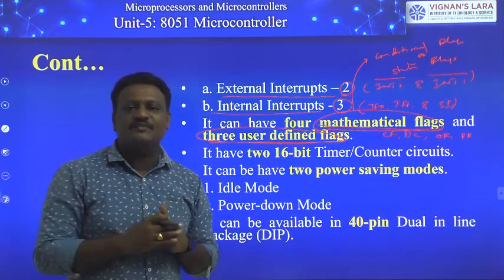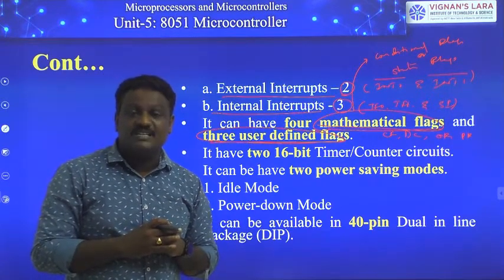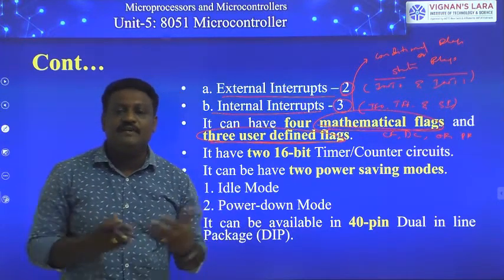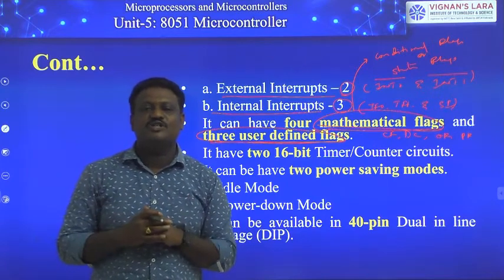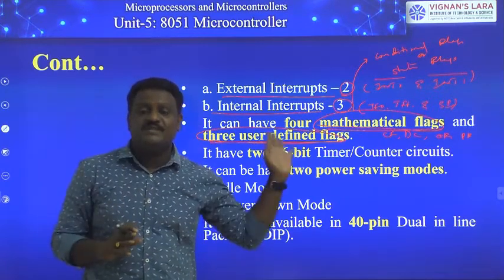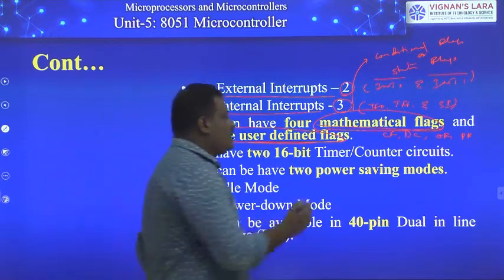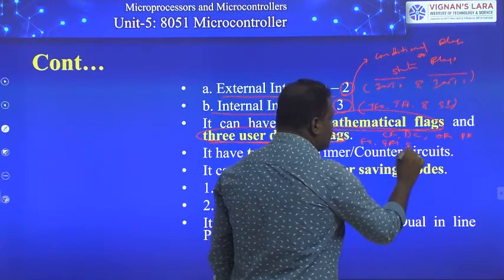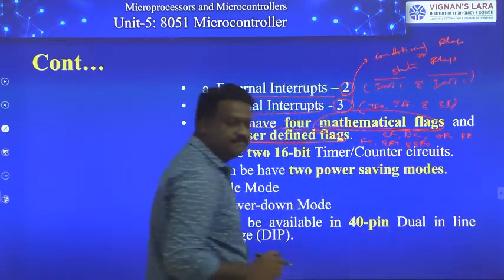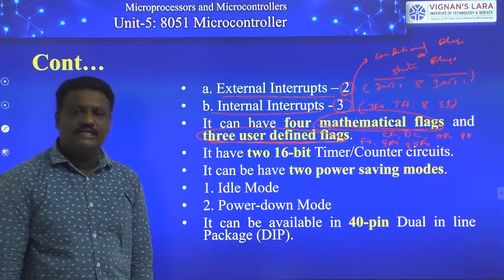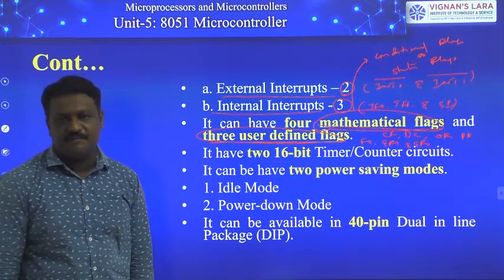The user can't modify them. But for user defined flags, the user can define the set and reset conditions. Such 3 flags are present in our 8051. Those are F0, GF1, and GF0. These are the 3 user defined flags present in 8051.